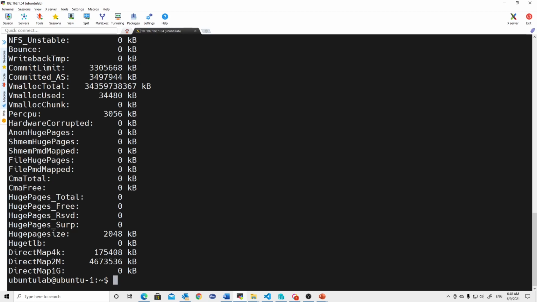HugePages_Free: huge pages that are not yet allocated. HugePages_Rsvd: huge pages that have been reserved but not yet used. HugePages_Surp: huge pages that are surplus, used for overcommission. Hugepagesize: size of a huge page. Note that the exact entries you may see will depend on the exact kernel version you're running.